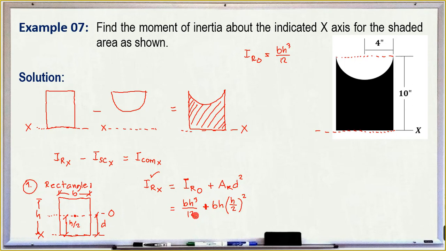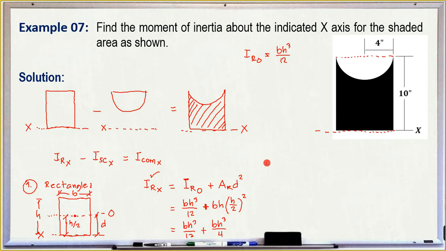Next, ato na siya i-simplify. So we have BH cubed all over 12 plus BH cubed all over 4.